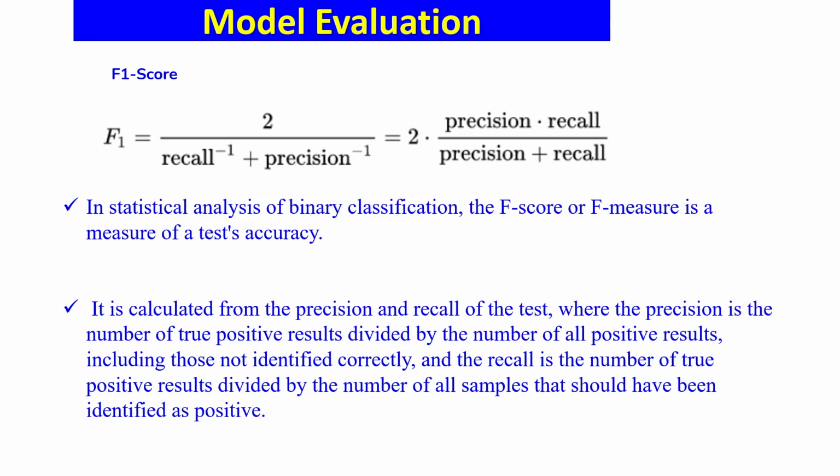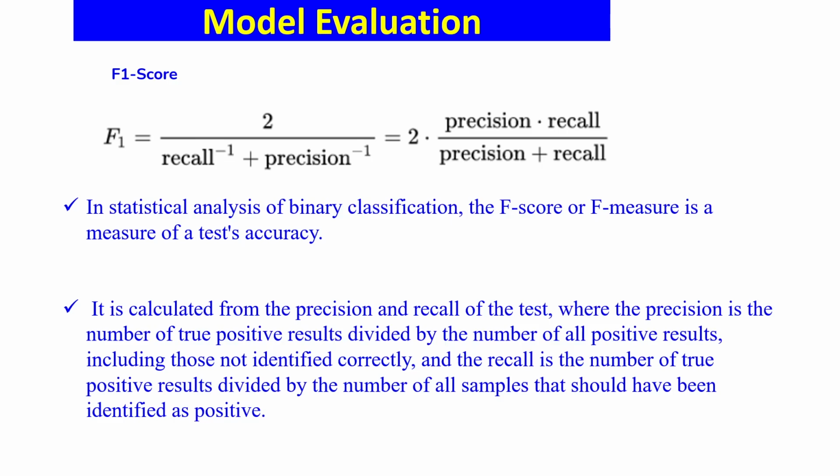Now, F1 score is basically the harmonic mean of both recall and precision. That is defined as 2 into precision into recall divided by precision plus recall. It is basically a measure of a test's accuracy.